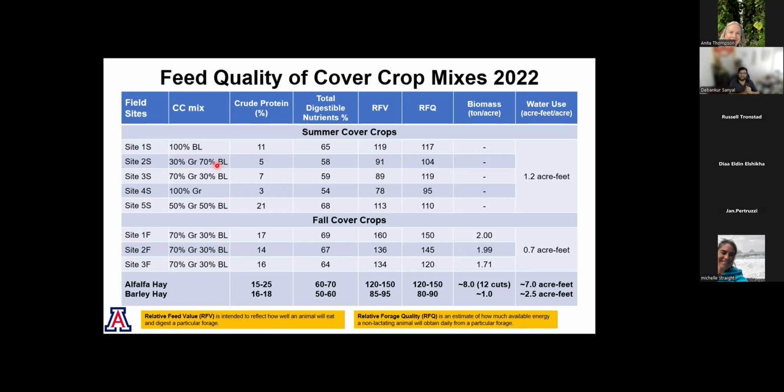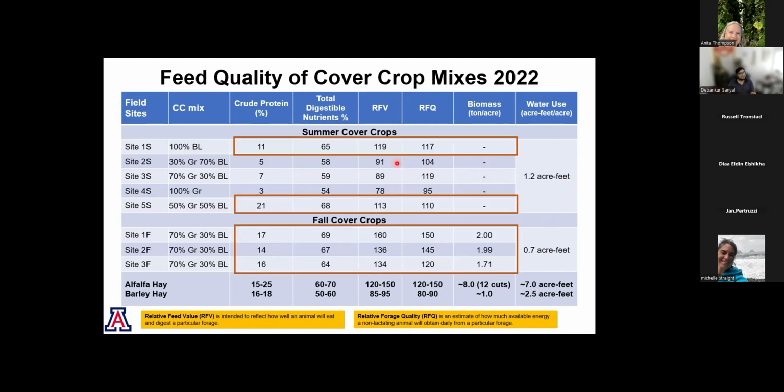But what I did, as you can see these numbers here, it's in the same field. So we could not produce different levels because it's a grower field. We did not have the capacity to irrigate them separately.